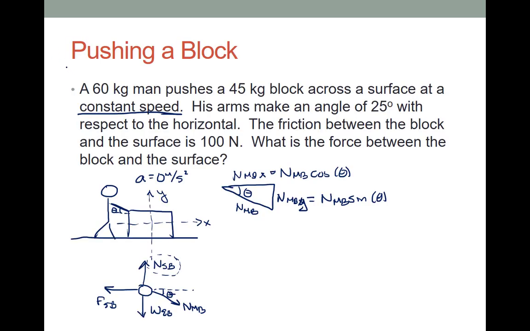So the net force in the y direction is going to be 0 because it's not accelerating vertically. It's not accelerating at all in this question. I have 3 forces in the y direction. If we back up, we see that we have the normal that we're looking for, we have the weight downward, and we have the normal from the man on the block, the y component, also pointing downward.